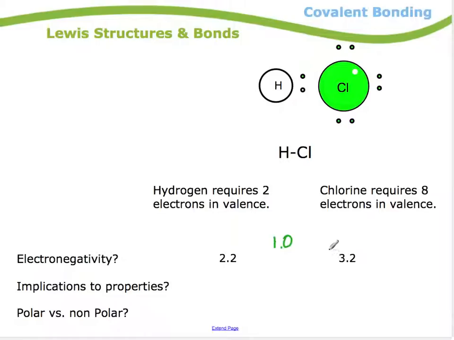And on that chart that we saw in the last Scribblecast, a difference of 1 says that the molecule is polar. And we'll talk more about polar here in a bit, but it means that the molecule is polar, and that has some implications to the properties of that particular molecule.